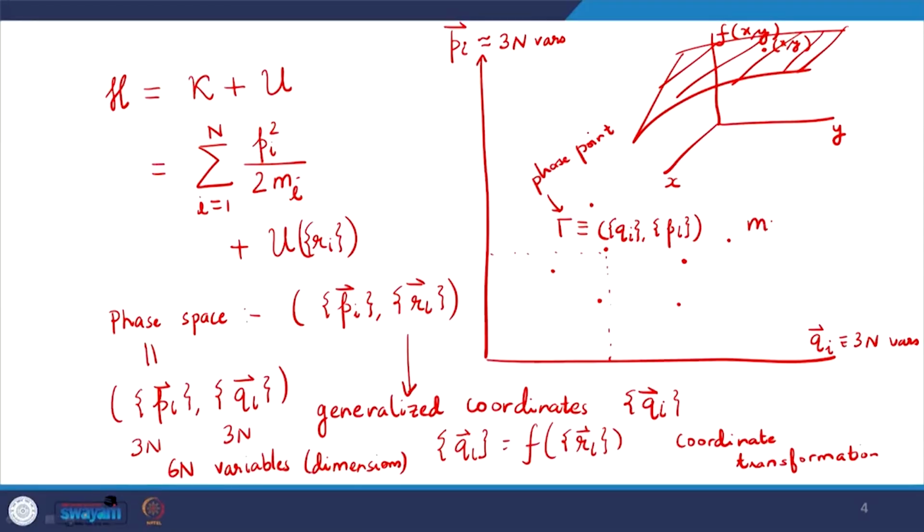I mean, the entire set is unique. Individual momenta can be the same between two microstates, but the entire set of momenta and generalized coordinates will be unique for a given state. Therefore, this phase space in some sense is representing the microstates of the system.